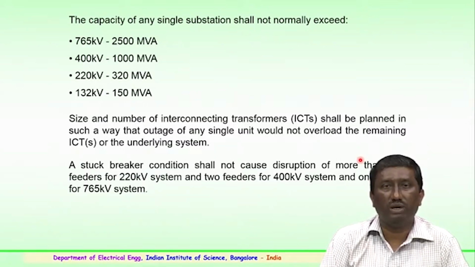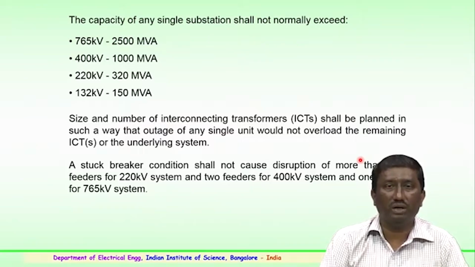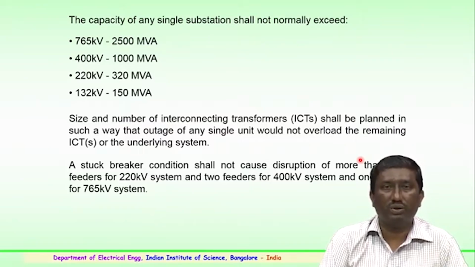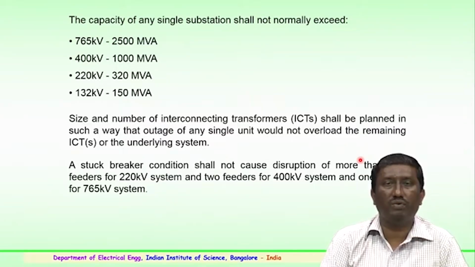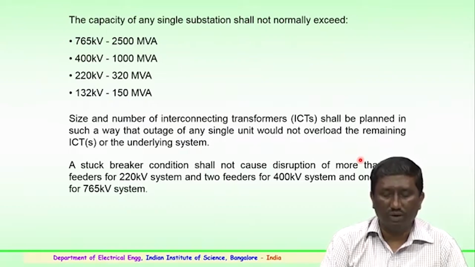It should not exceed this value. For 400 kilovolts it is 1000 MVA. In case of 220 kV, 320 MVA is the peak which is prescribed, and for 132 kV substations it is 150 MVA. So, the size and number of interconnecting transformers is very important.